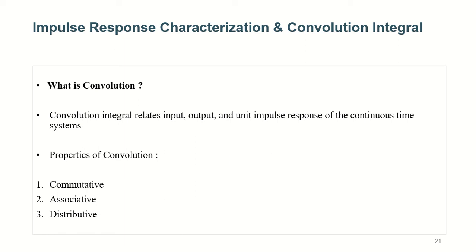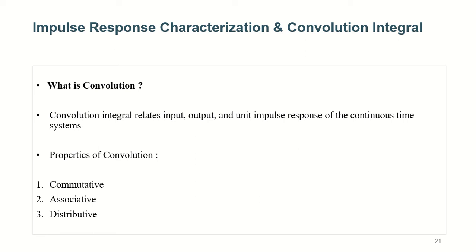The convolution integral relates the input, output and unit impulse response of the continuous time system. It doesn't matter either continuous or discrete, you can take either, but right now we are talking about continuous time systems.